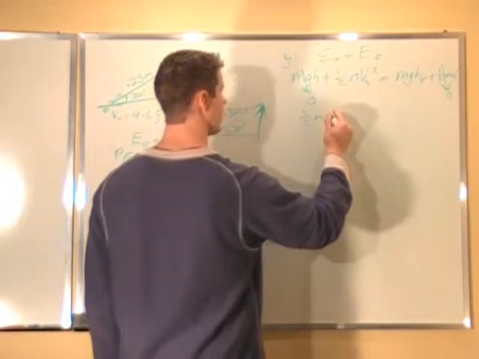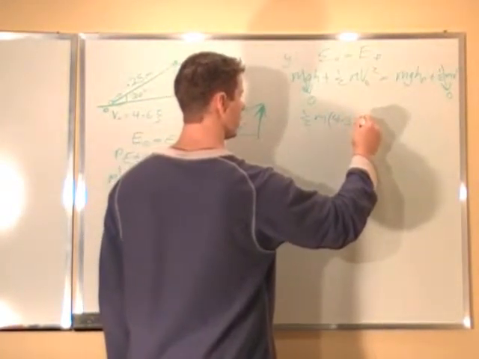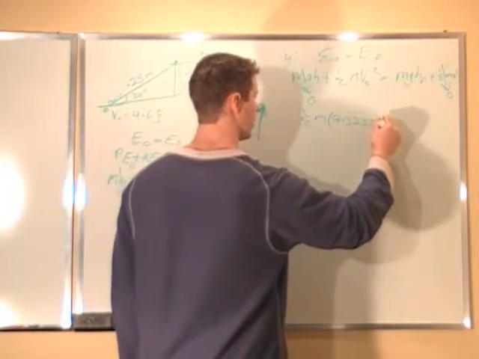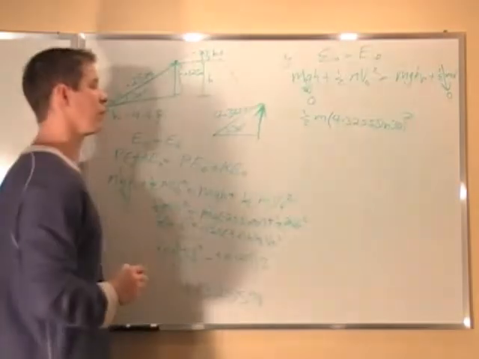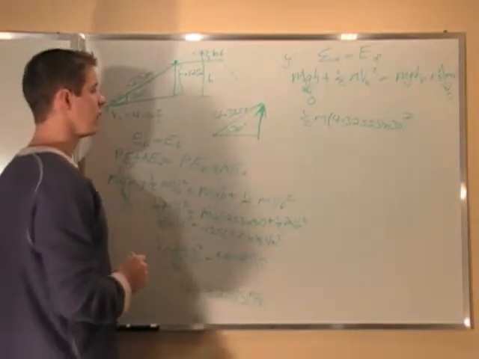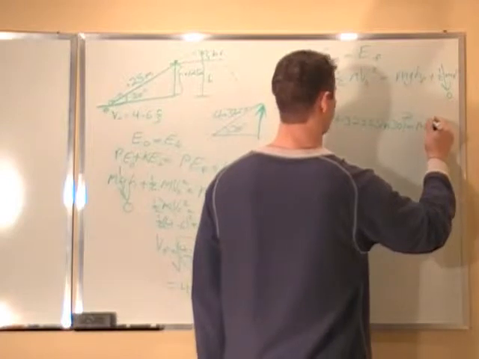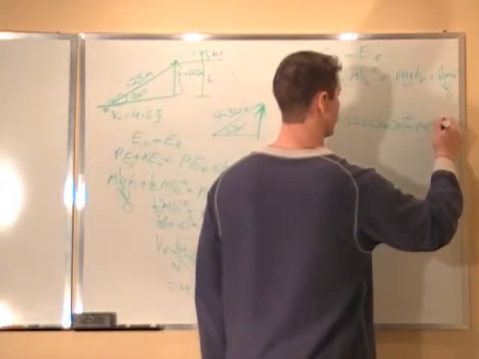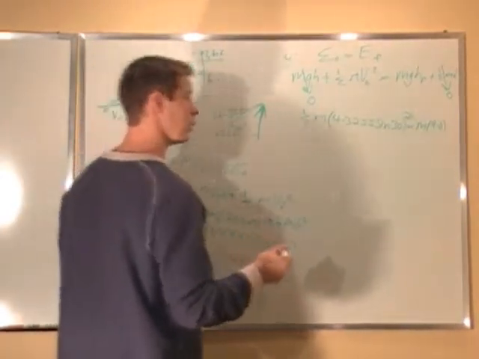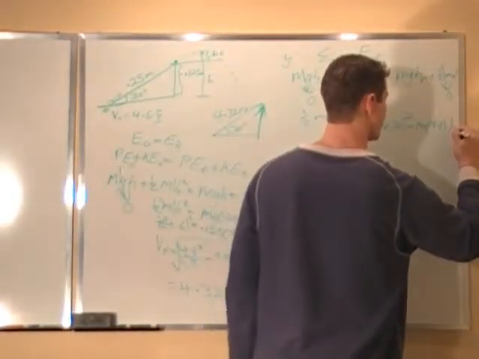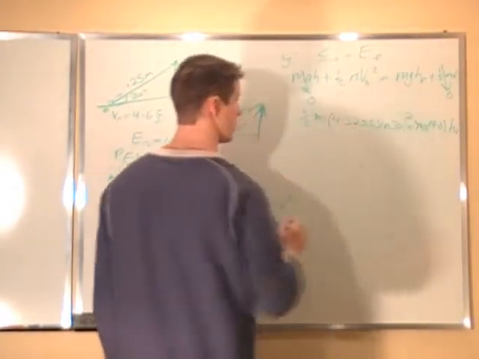So 1/2 m times 4.3255 sine 30 squared equals m times g, 9.8, times h final, which is what we don't know. I didn't put m in because it cancels out.